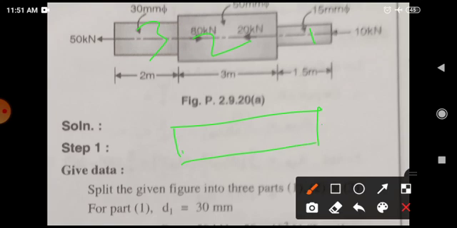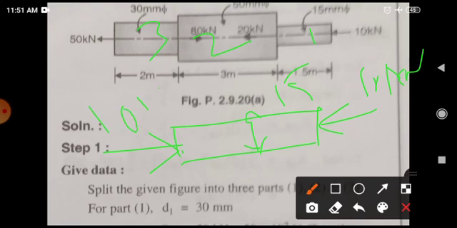You can see from the right side 10 kilonewton is applied. For the equilibrium of this body, 10 kilonewton must be from the left, which is a compressive force, diameter is 15, compressive stress of 10 kilonewton.